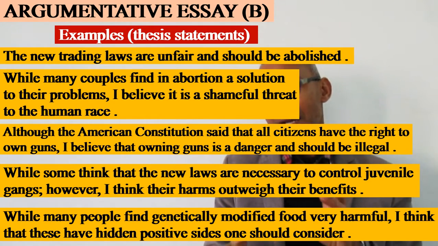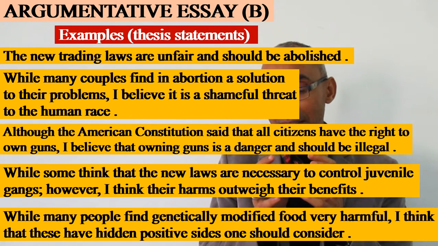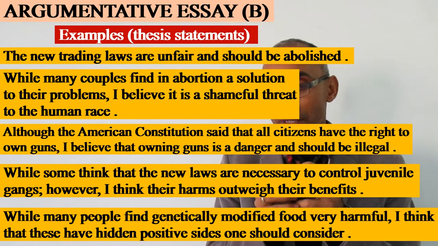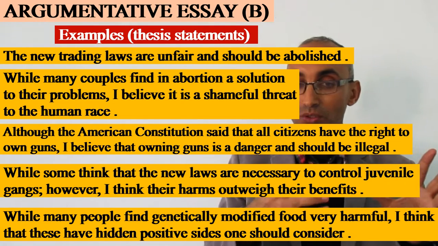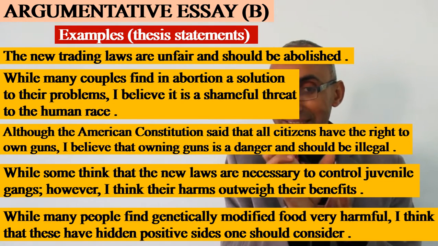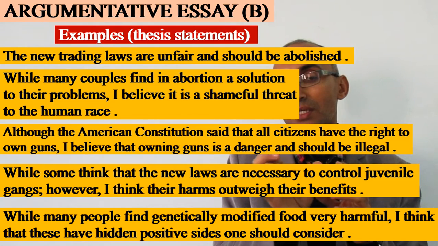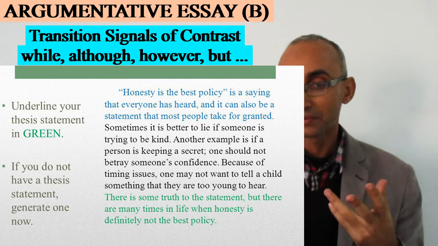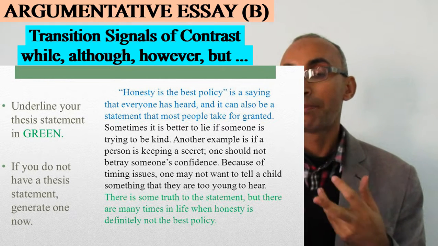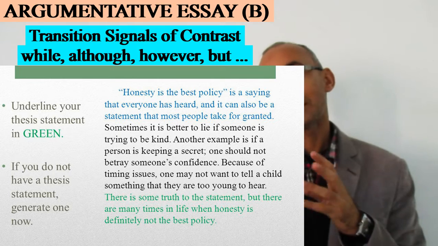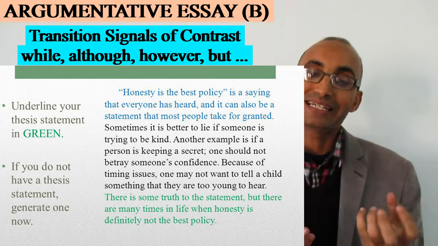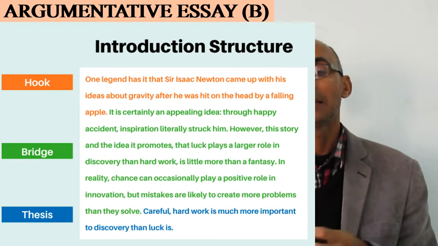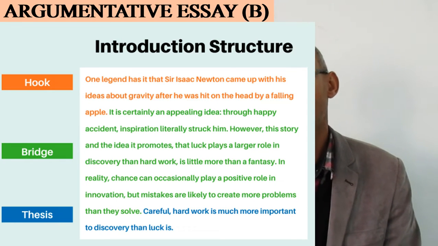So as you see here, I always try to contrast the other side's point of view to mine using these words of concession, like while, although, however, but, and so on, to show that I am not with them. It means I adopt the other view that I will defend in my essay. Clear? Go.